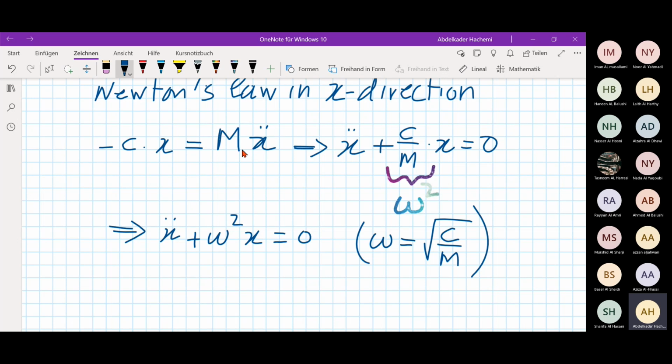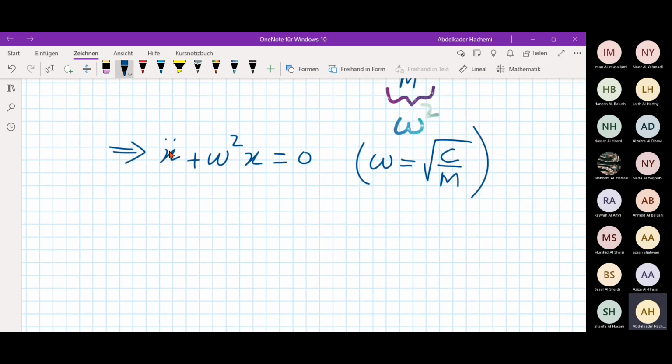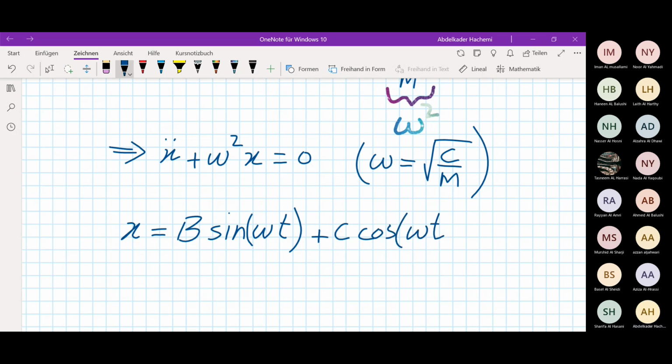We can write the solution: x equals b sine omega t plus c cosine omega t. The notation is up to you, it's not important, but the solution is the important thing.